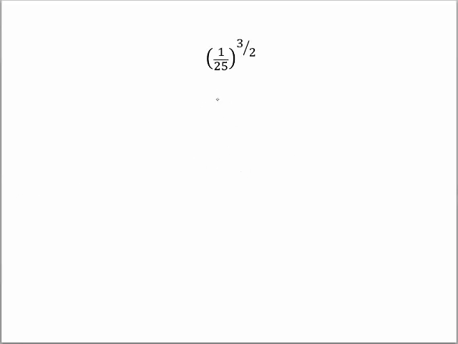Okay, here we have 1 over 25. Oh boy, raised to the 3/2. Let me get a pen. Now, what are we going to do? Write our radical, and we've got 1 over 25.